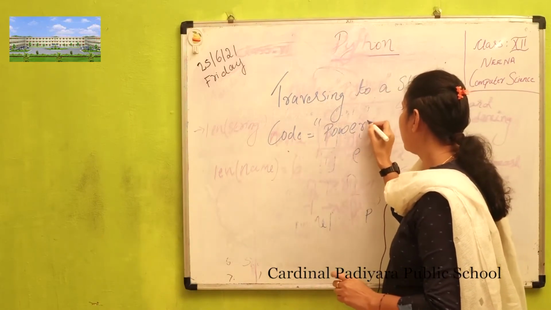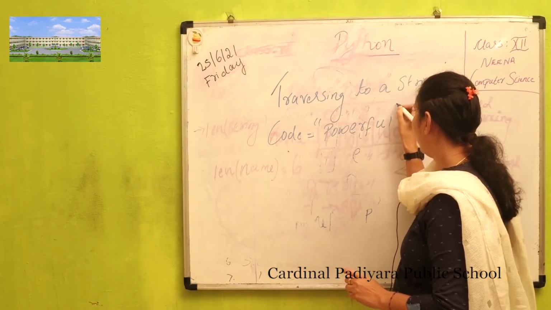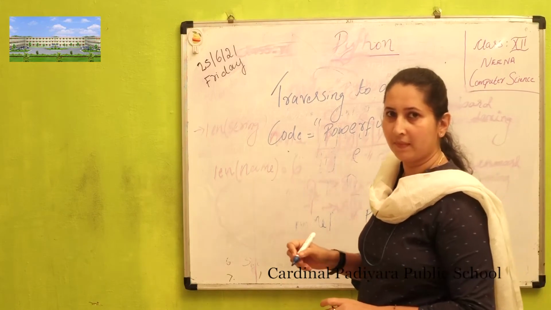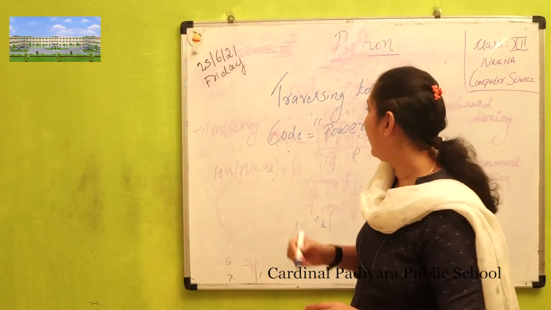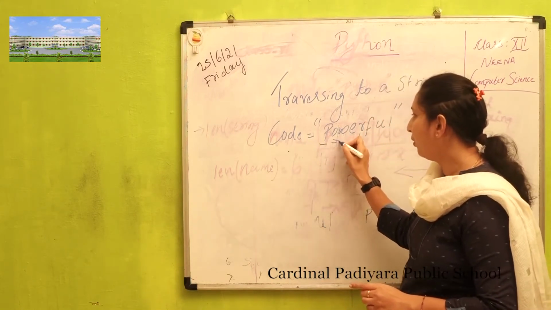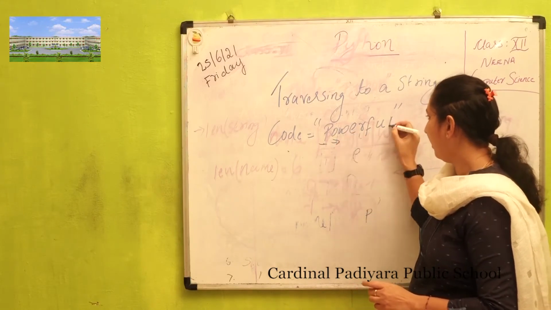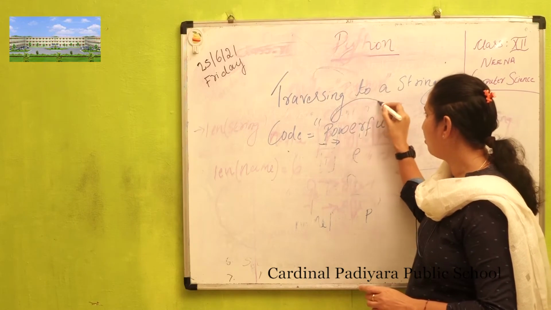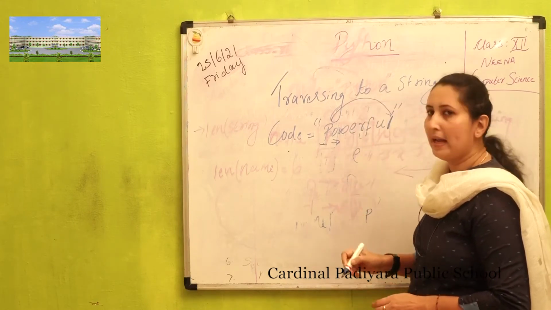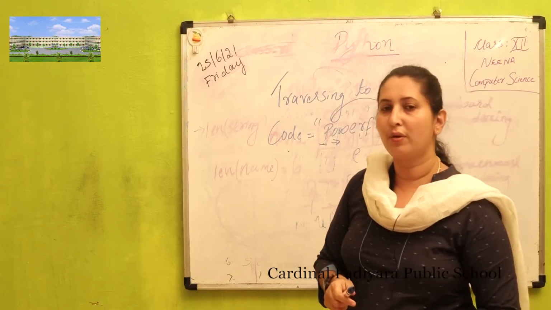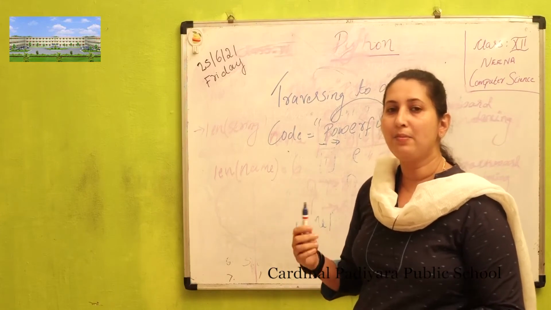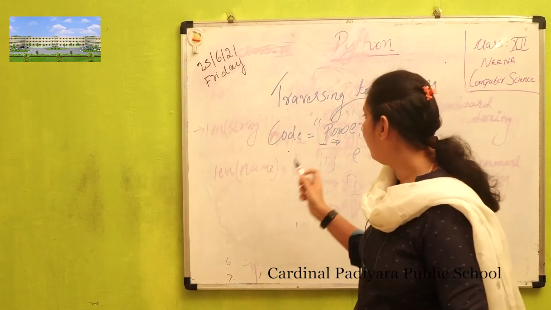Your string is powerful. If you want to travel through your string, you have to travel through each element one at a time, from P up to L. At a time we can travel only one element, so we repeat the same step.